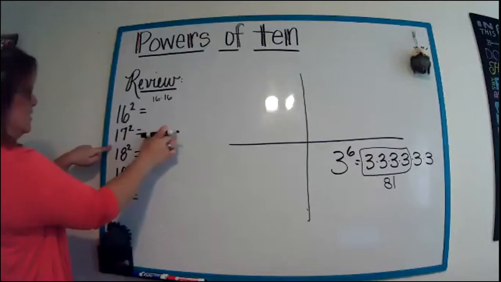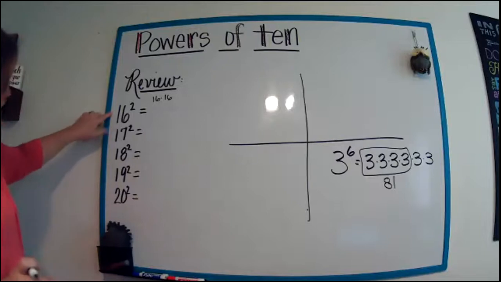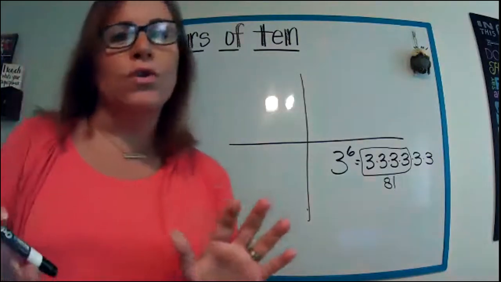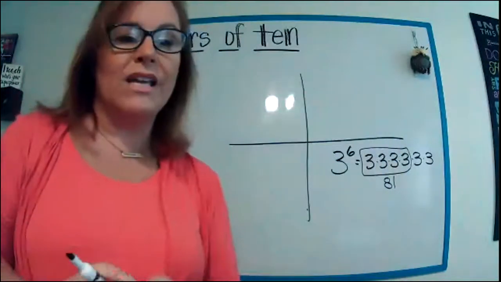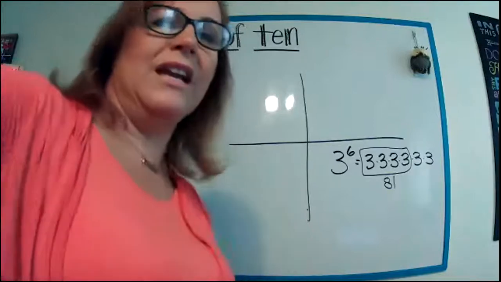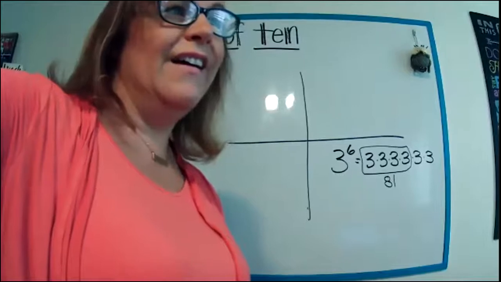Get your answer. 17 times 17. Get your answer. 18 times 18. Get your answer. So 16 squared through 20 squared. I'm going to cover my answers. And then when we come back, you will check your work. Ready? Okay. Set. Go.